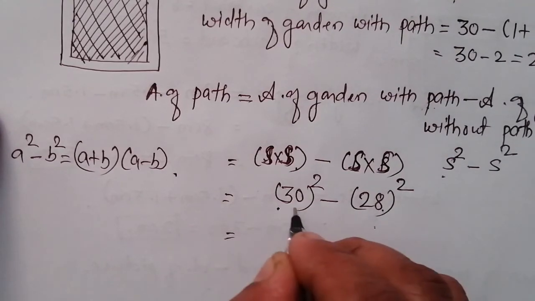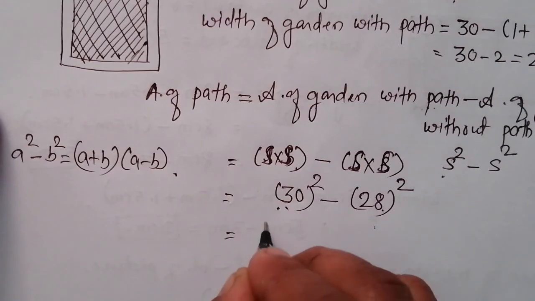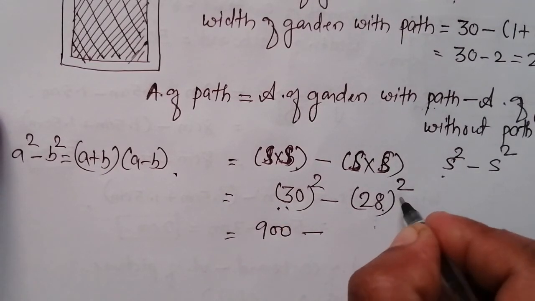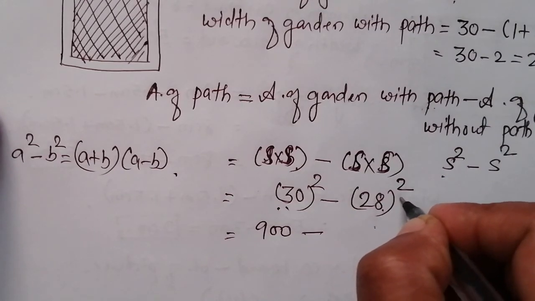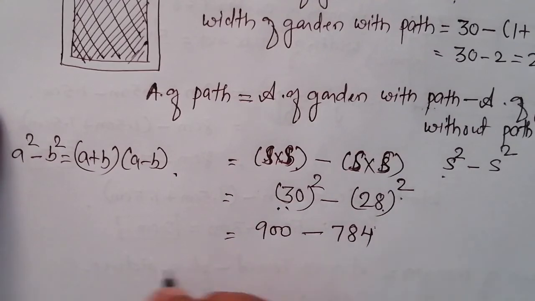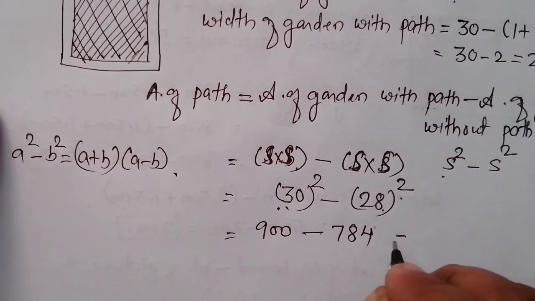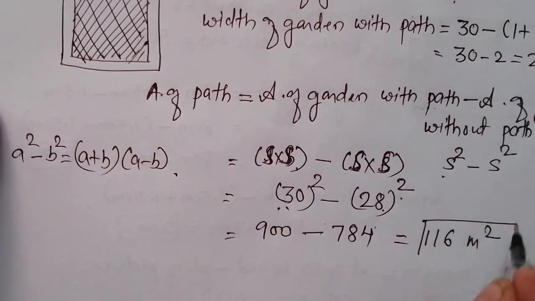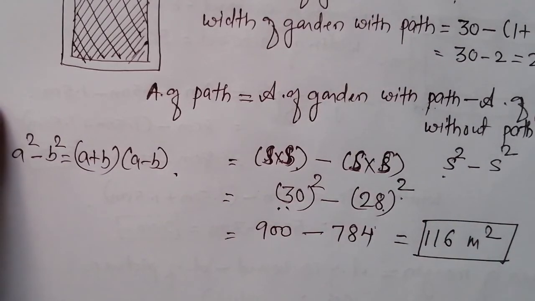The area of 30 square is 900, and the area of 28 square is 784. If you subtract this, you will get 116 meter square. This is the area of the path.